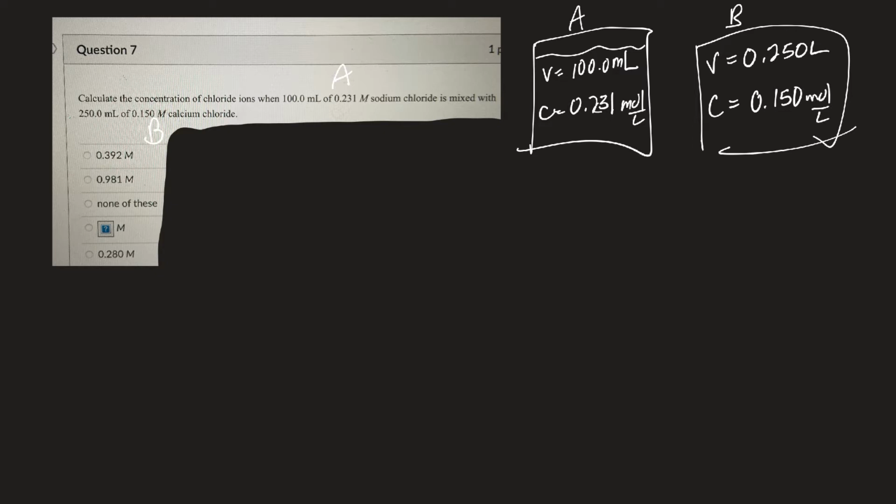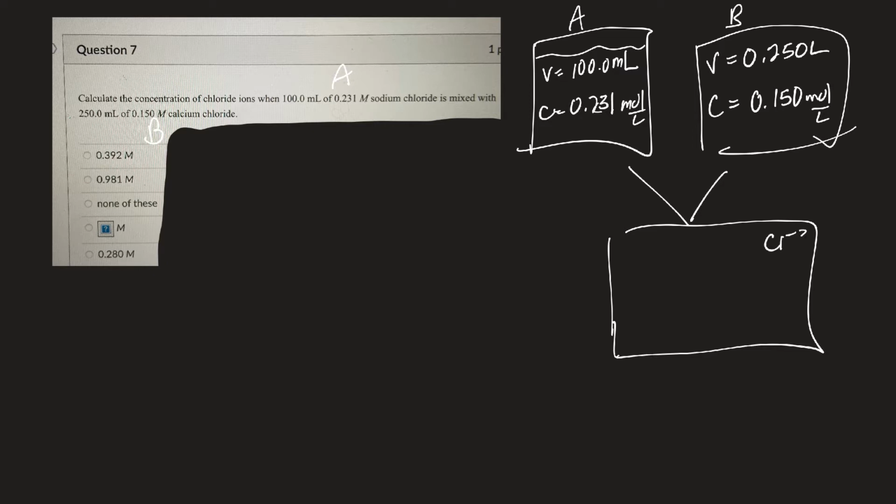So the question is, if they take both of these and dump it into another container, what is it asking? Chloride ions. So they want to know how many chloride ions are in this solution. What's the concentration of that? Now, the issue with this question is that initially in your sodium chloride and in your calcium chloride, there's chlorine in each of those.